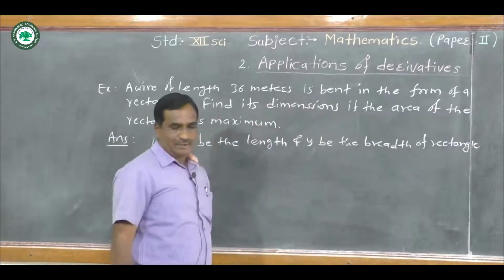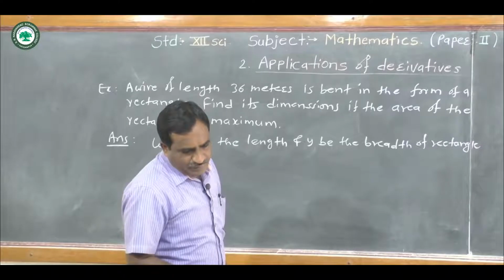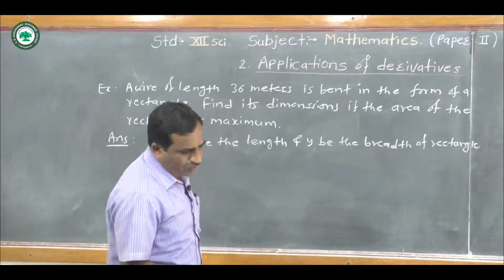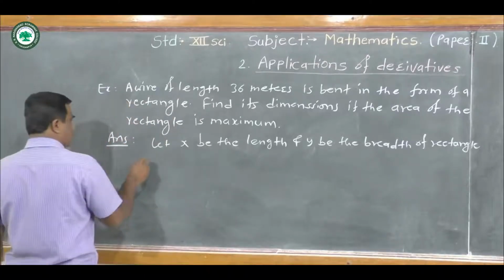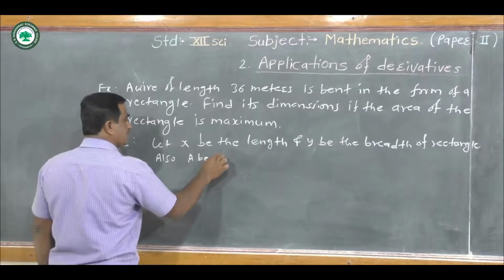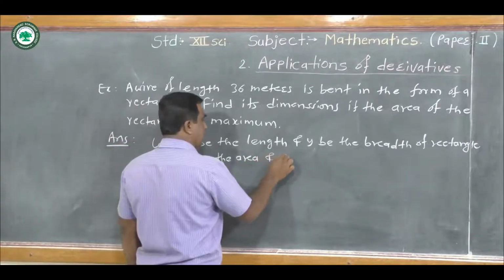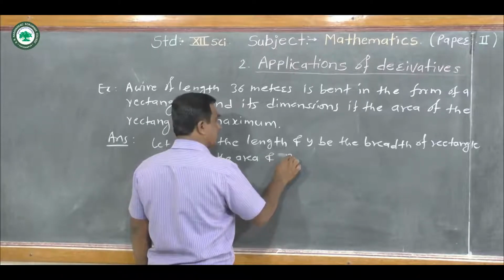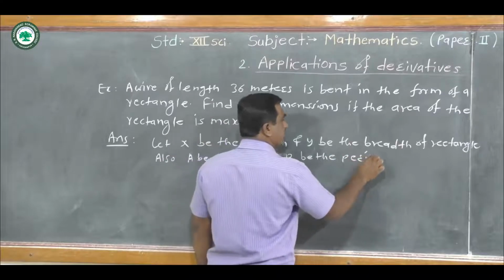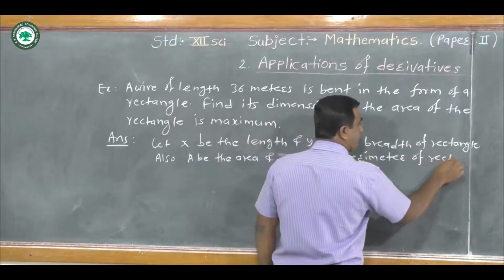Also let A be the area and P be the perimeter of the rectangle.